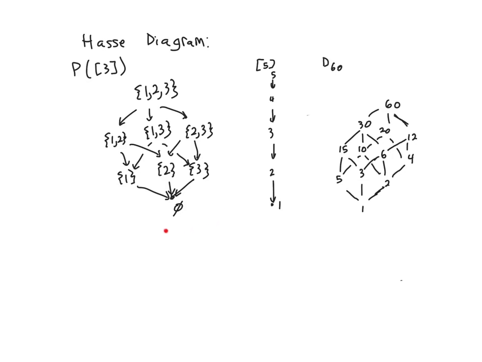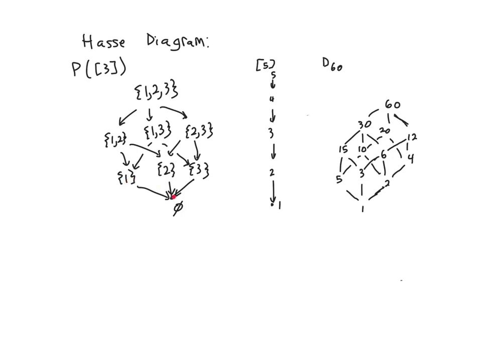Finally, to conclude this horrible lecture just on terminology, oftentimes we will use pictures to denote our posets, and we call these pictures the Hasse diagram. What you do is you list the elements of your poset, and you have your cover relations.